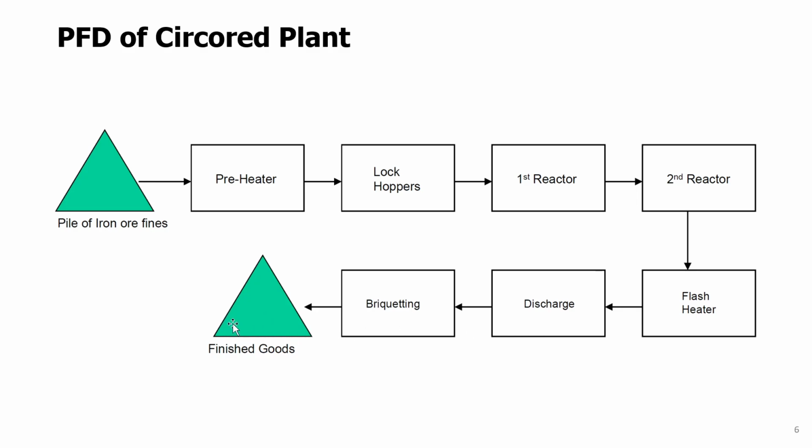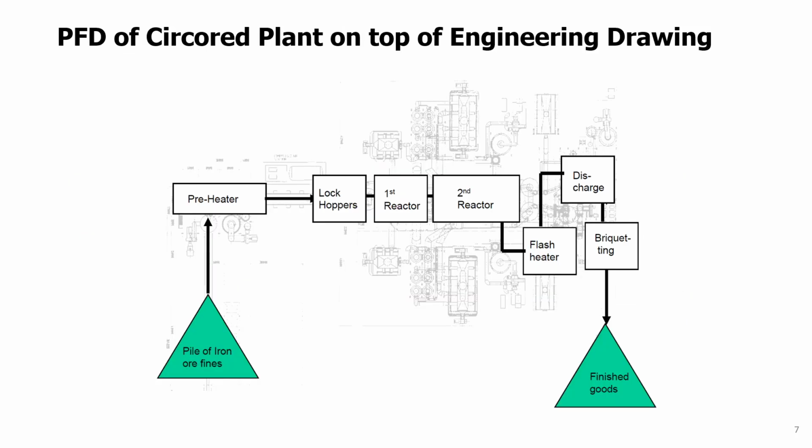And then there is the buffer with finished goods. We could also overlay this process over the engineering drawing to have a better idea where different activities are carried out on which resources.